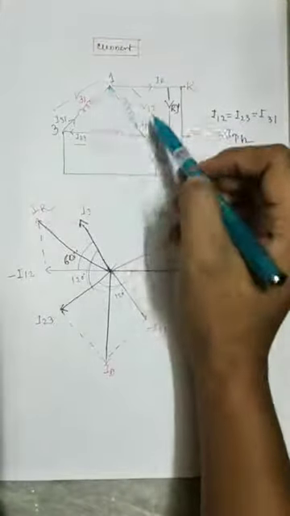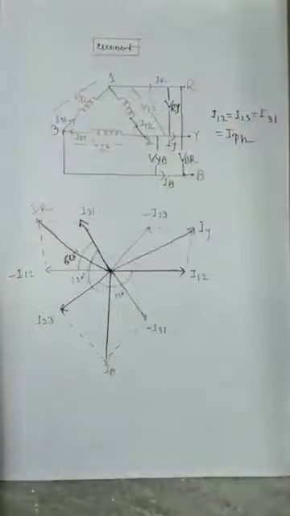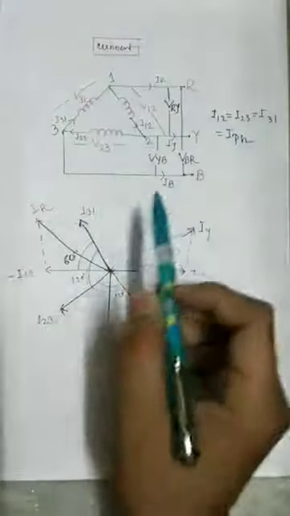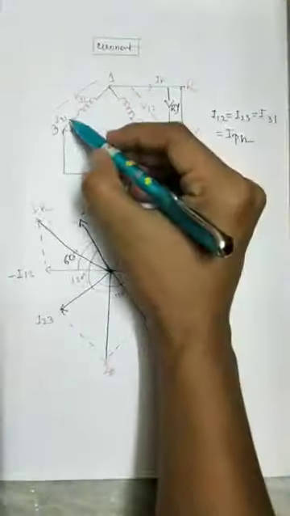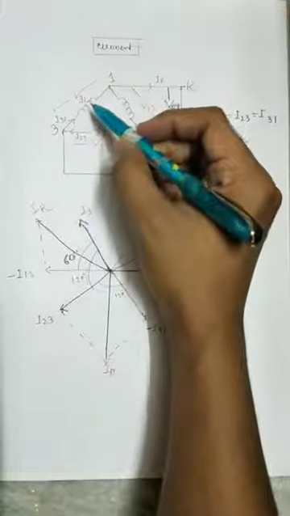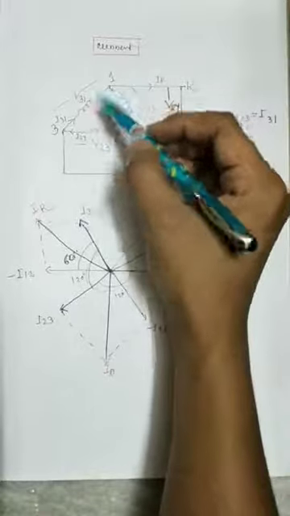There are three junctions, 1, 2 and 3, so current is divided at every junction. Now applying Kirchhoff's law at junction 1, the incoming current equals the outgoing currents.